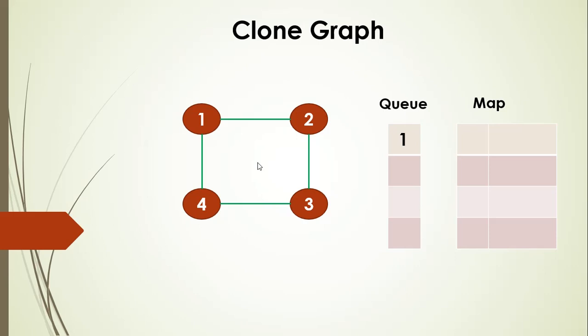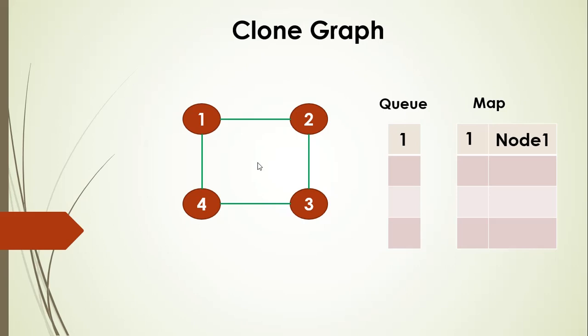We should not create node 4 twice, or process node 4 twice. So for that we create a map wherein we keep track of node value with its corresponding new node that we have created. The queue contains nodes that are given in the actual input, and the map contains the nodes that we have created newly.